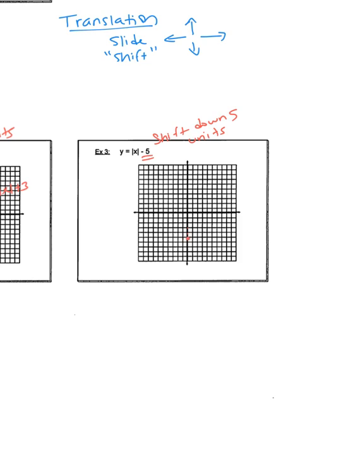And then since I'm keeping the slope at 1 for now, up 1, right 1, up 1, right 1, and up 1, left 1, up 1, left 1. And connect. Did I do that right? No, I did that a little bit wrong here. It should be here, here, and here. And connect and label y equals absolute value of x minus 5.